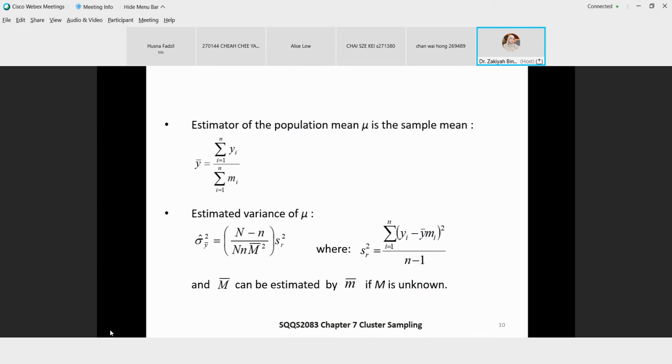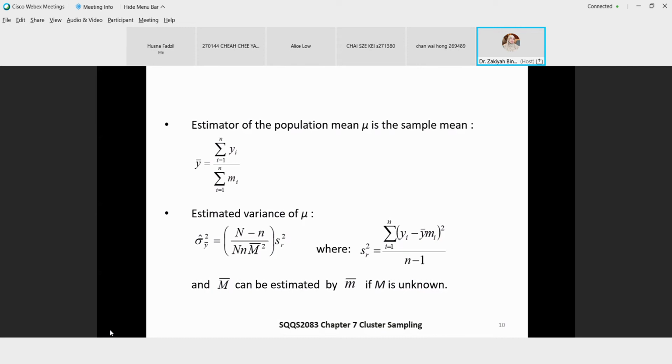So this is the summation of, let's say, the ringgit amount of money you spend on meals, and you divide by the summation of the M_i. The elements in the sample, isn't it?